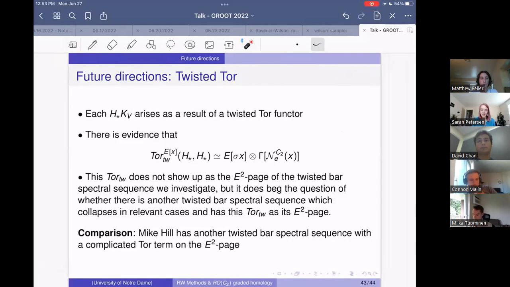And then the E2 page of the bar spectral sequence is a Tor term. So it'd be nice if we could write down the twisted bar spectral sequence, or some version of a twisted bar spectral sequence, in terms of a twisted Tor and understand the homological algebra side of this problem a bit better.